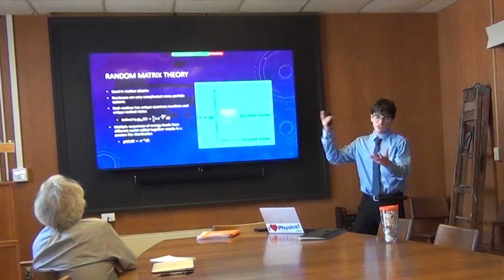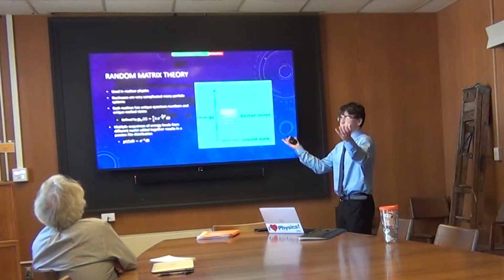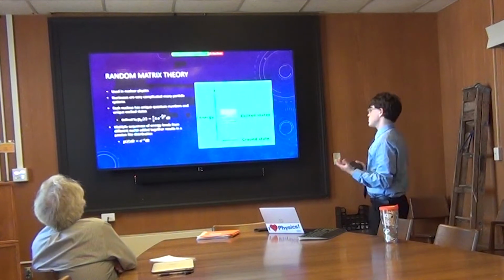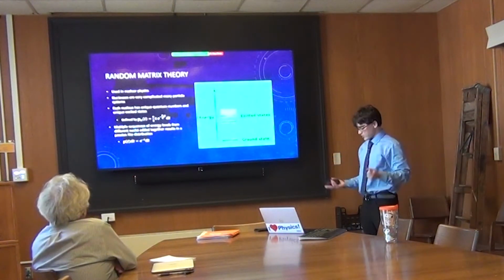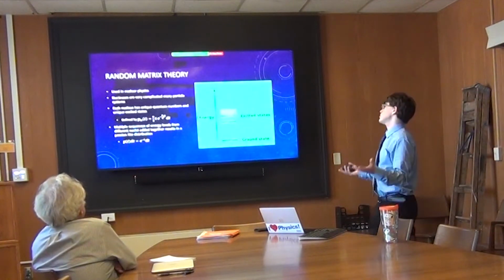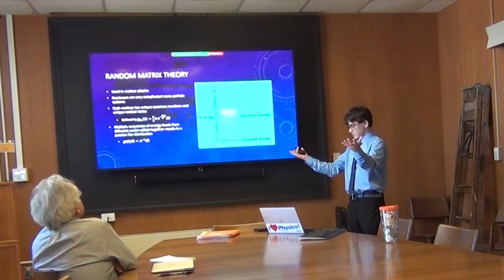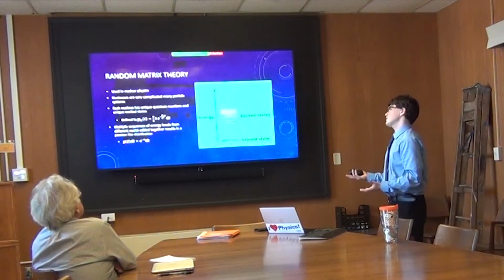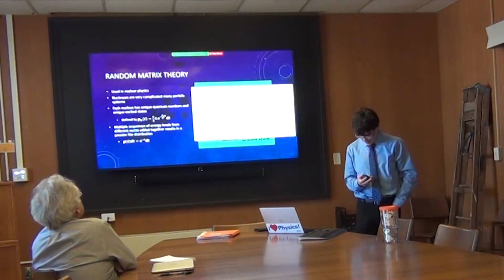Now, it turns out if you have a bunch of independent particles with their own quantum numbers, they're going to have their own individual energy level spacings, which is something we're going to be looking at here. If you add these energy levels together from the different particles and combine them, you get something that looks like a Poisson distribution that looks somewhat exponential.